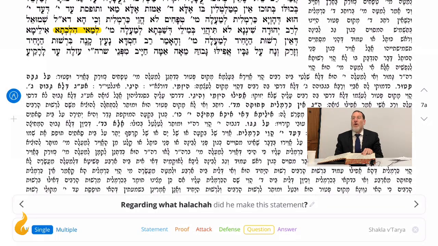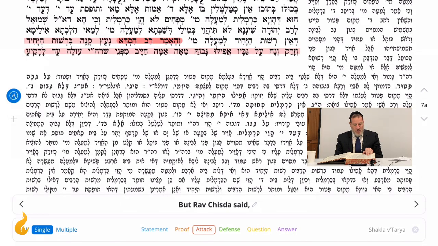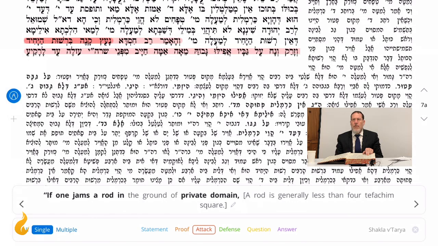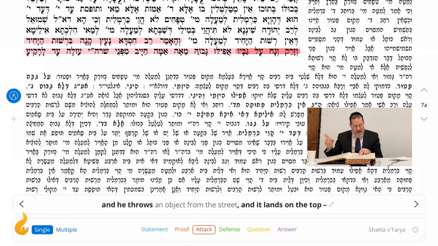no. Let's go to another din of Rav Chisda. Noatz kana b'Reshus Hayachid. If a person inserts a pole in the Reshus HaYachid, v'zarak, and a person throws from the Reshus HaRabim, v'nach al gabav, and it rests on top of the pole, says Rav Chisda, afilu gavoha meya amah, even if the pole is 100 amos tall, you're chayav.